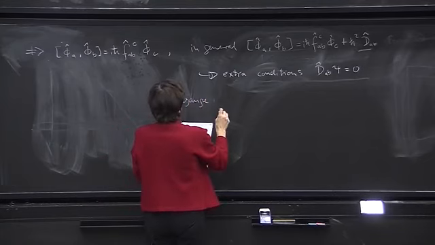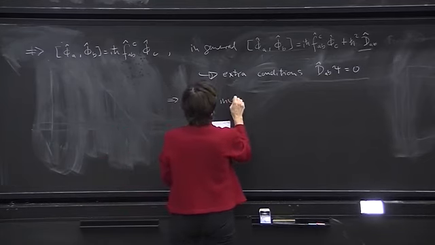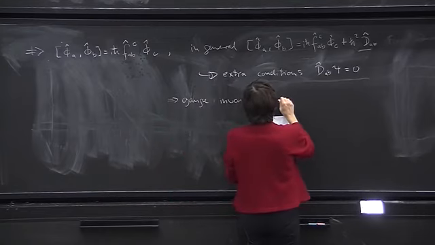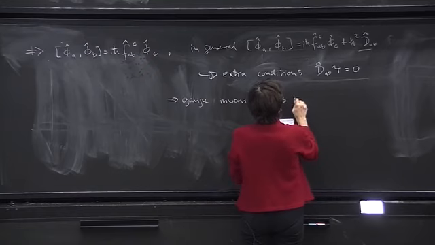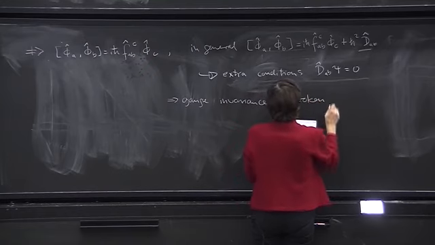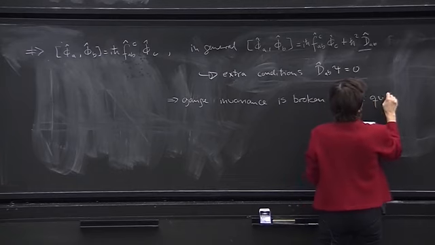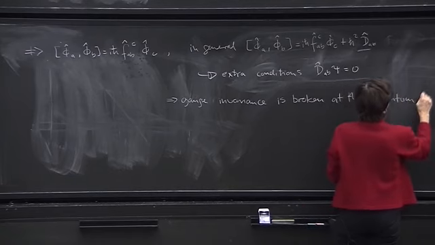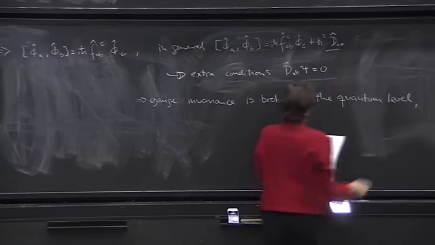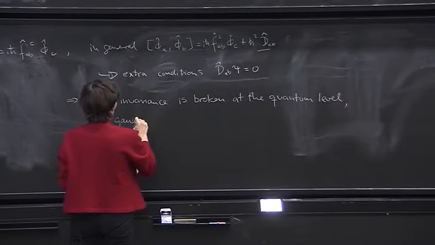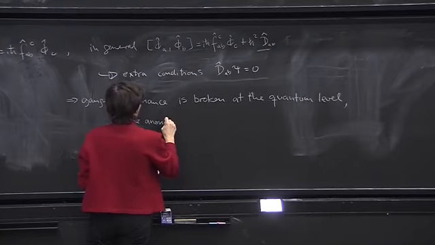So in that case, the gauge invariance is said to be broken at the quantum level. And one then speaks of an anomaly, or a gauge anomaly.